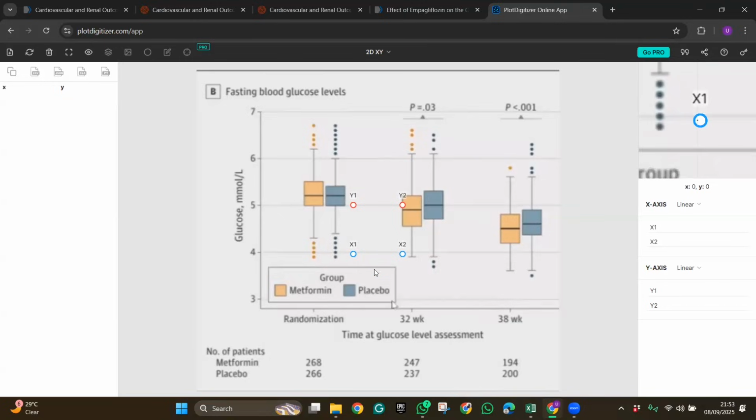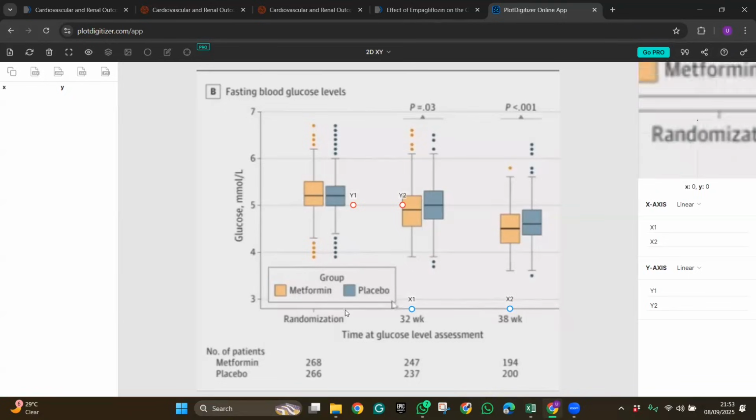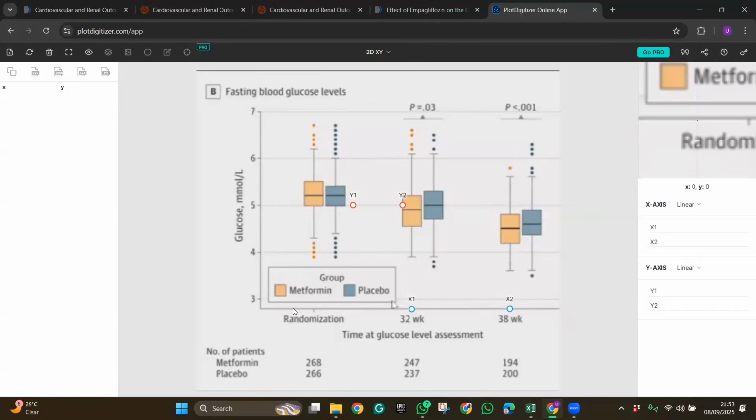I'm gonna take this x1, drag it to 32, place it here. I'm gonna take x2, drag it to 38, place it here. This is my lower limit for the x-axis and this is the upper limit, right? Because I don't have any other numerical values for the x-axis.